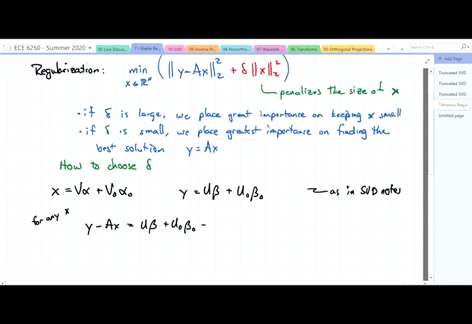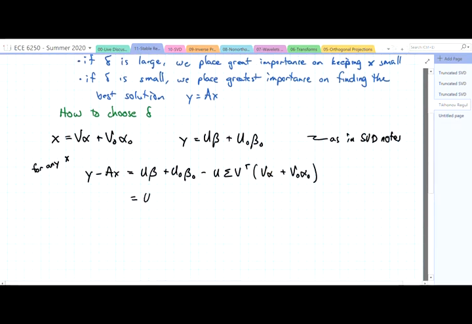Remember, our betas and our alphas are vectors. And then we have our SVD decomposition, V alpha plus V naught alpha naught vectors.